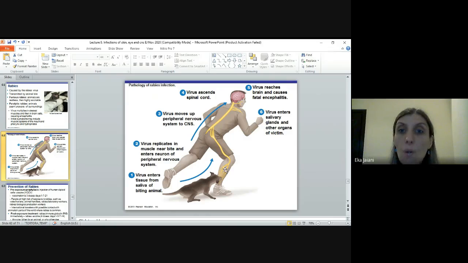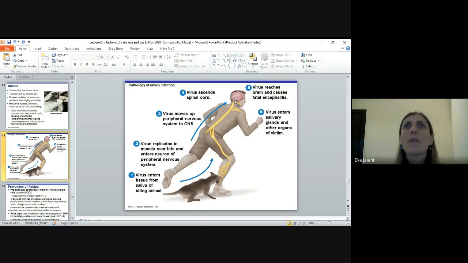So how do people develop rabies? When dogs or other animals bite us, at the site of the bite the virus starts to multiply, replicate, and then it enters the peripheral nerves, then moves to the CNS and causes encephalitis. And you may know the symptoms of rabies.